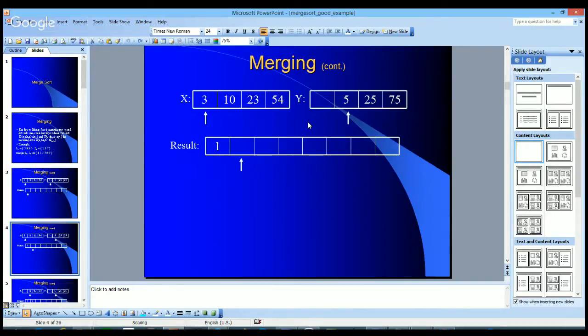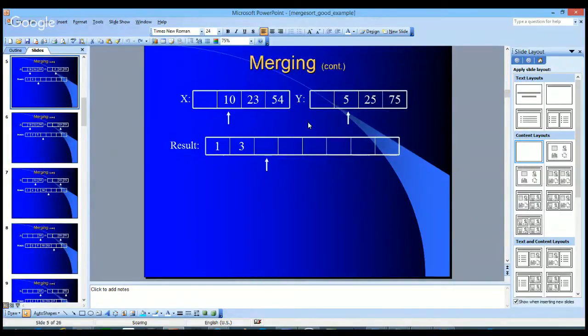Then again, the first number of the first list is compared to the first number of the second list. Here it is 3 and 5, so 3 is the smaller one among the two, so 3 is placed on the merge sorted list. Similarly, each element in one list is compared with each element on the other list, and the smallest one is placed one at a time on the merge sorted list.